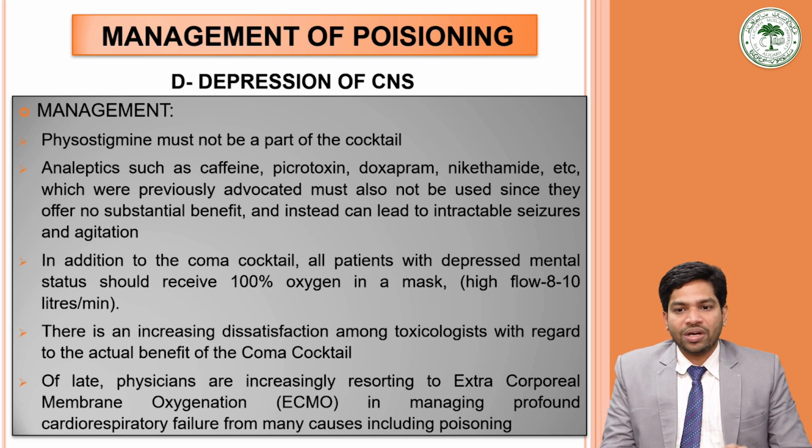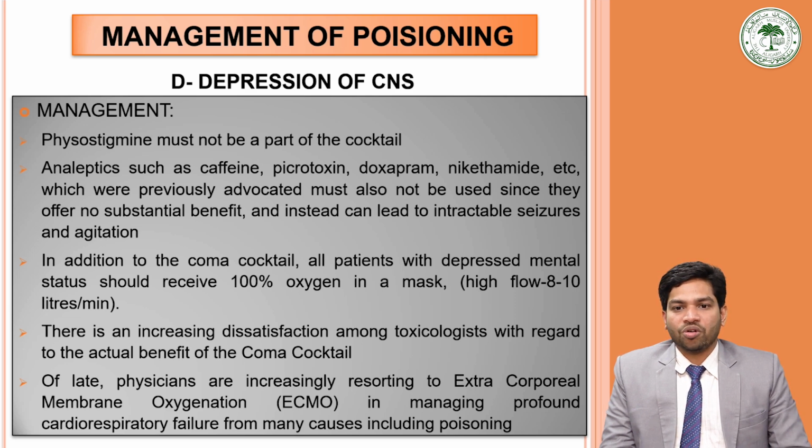Even if a particular case is not due to any of these causes, administration of these antidotes is relatively harmless. So it has been recommended for the management of the comatose condition.